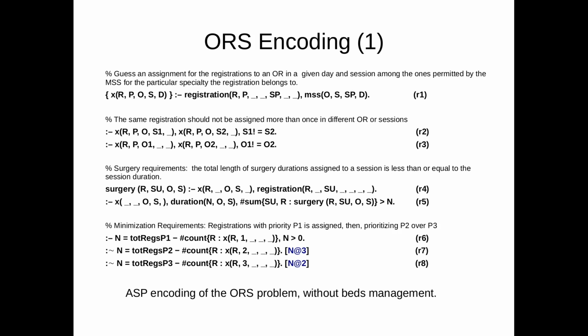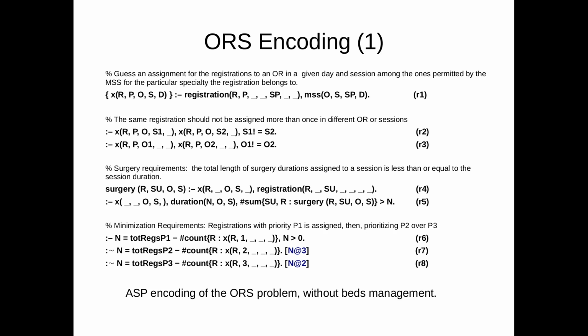In the first rule, basically we take the registration and we take those terms which are of importance together with the master surgical schedule for the 5 days, and we try to reason what can you give for a particular registration of priority and operating system for a session in a day.